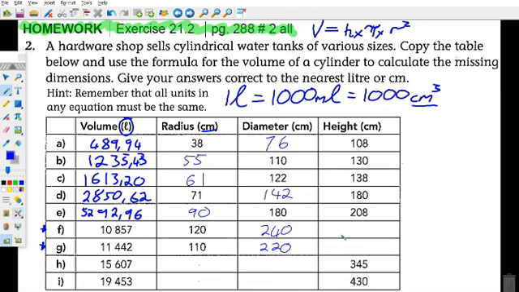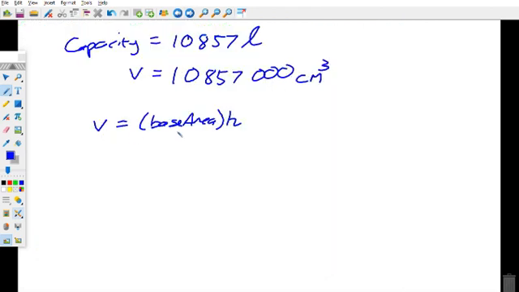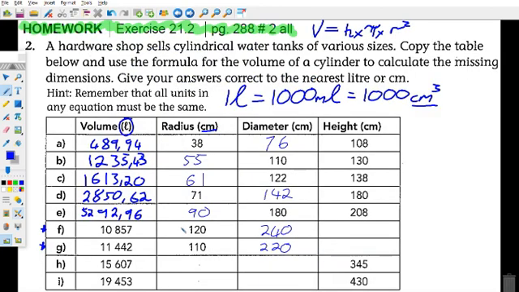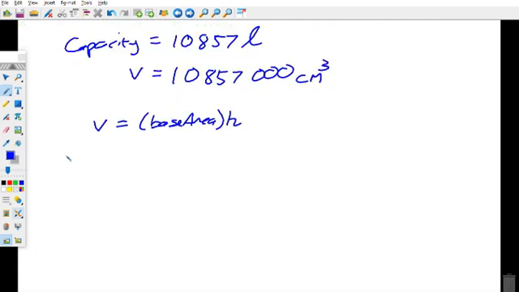We have been given the radius, 120, and using this volume, we can find the height. We know what the volume is. We know the base area, it's a circle, so it's pi times my radius, 120 squared, because it's r squared, the area of a circle, multiplied by my h.